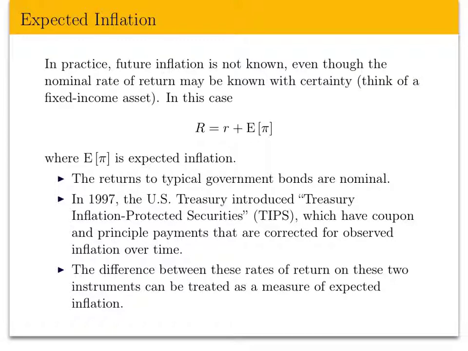And so the return on those assets should, in some sense, incorporate expected inflation, because the return on those should be real returns. Taking the difference between the typical government bonds, which have nominal returns, and the TIPS, which have real returns, you should be able to back out what the market expectations are for inflation.